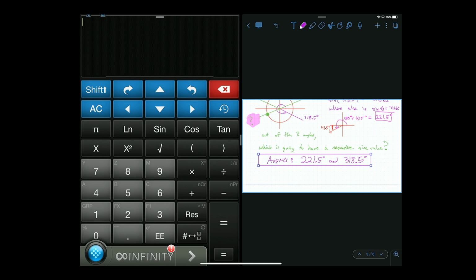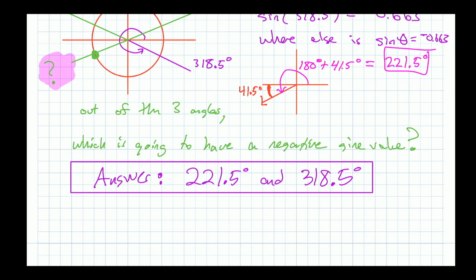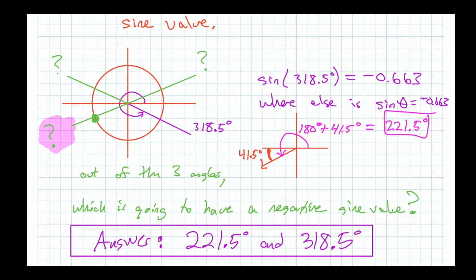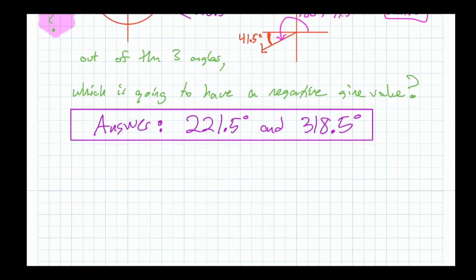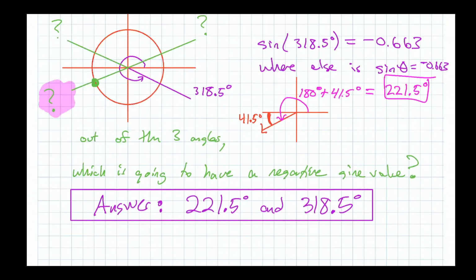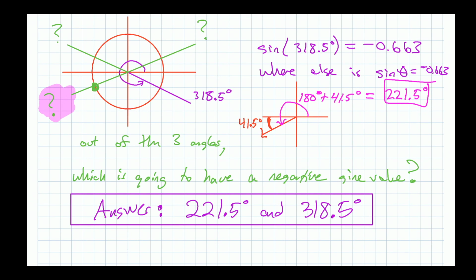And if I do sine of 318.5, I get the same negative 0.662. Same thing, right? So there's two angles. And so you get that one based on the idea of coterminal angles and what quadrant does. Is there another angle with the same sine or cosine value, that kind of thing.